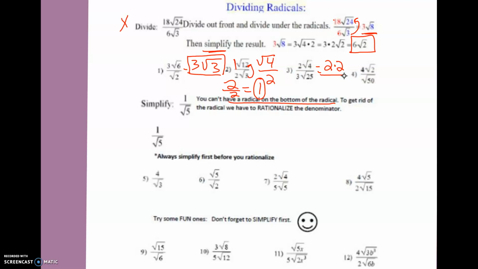And 25 is perfect, right? So that comes out as a 5. All right, and then just multiply your numerator and denominator, and you're going to get 4 over 15. Okay? No radical on the bottom. Actually, no radicals at all.